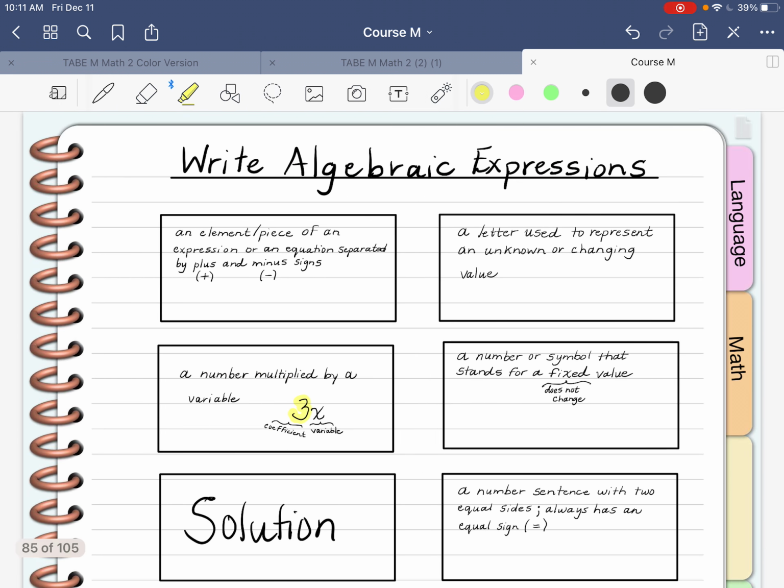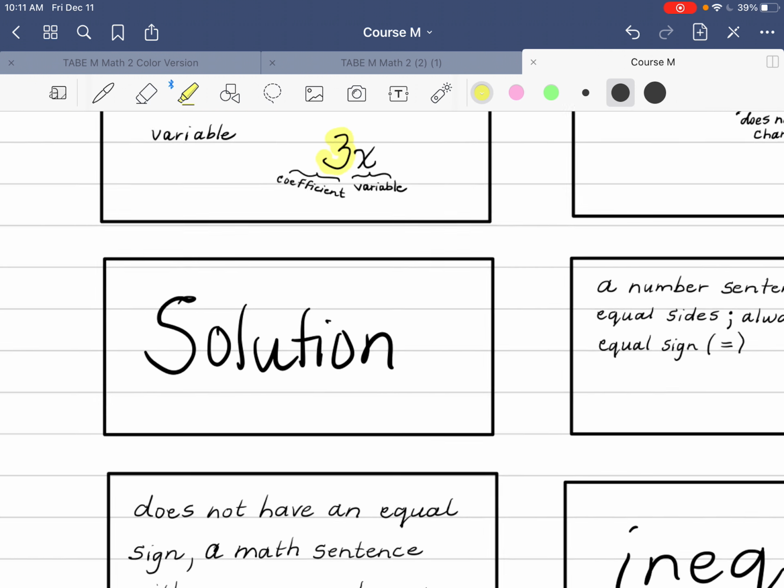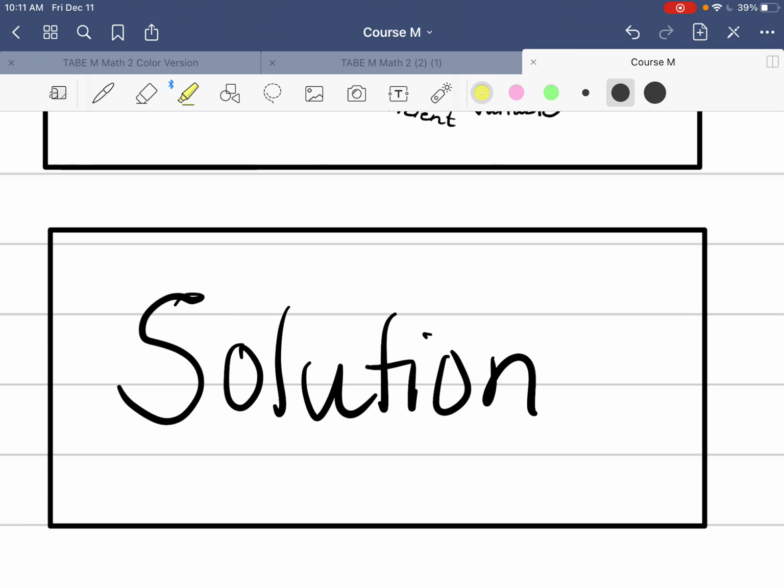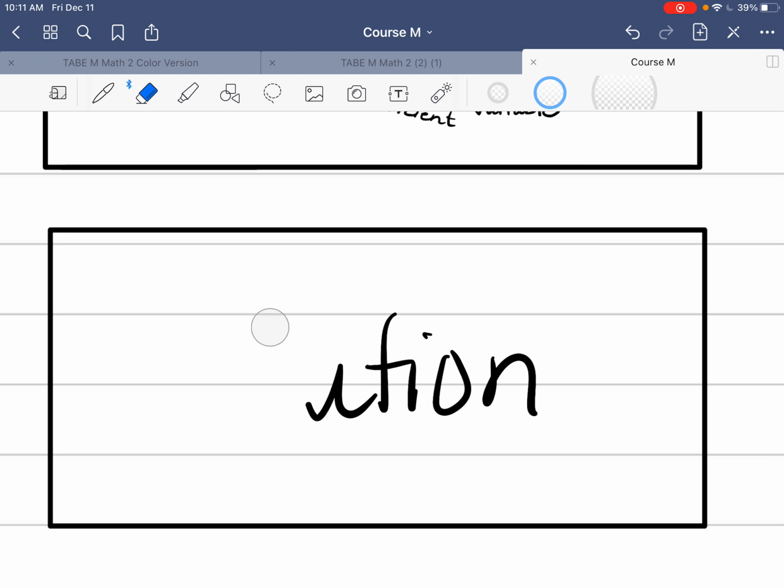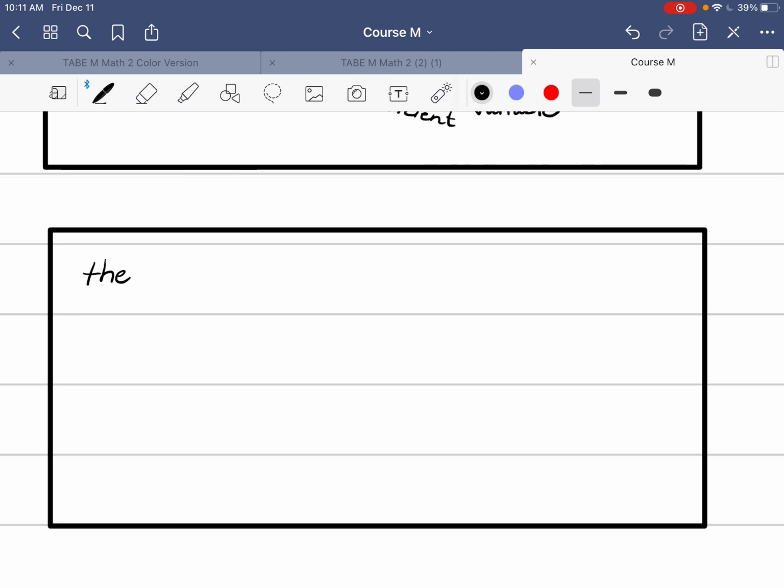Okay, we're almost there. We've got 2 more terms to do, and I want to start with solution. A solution, remember, only equations can be solved. The solution is the value, and sometimes there can be more than one solution. But for now, I'm just going to say the value that makes an equation true.